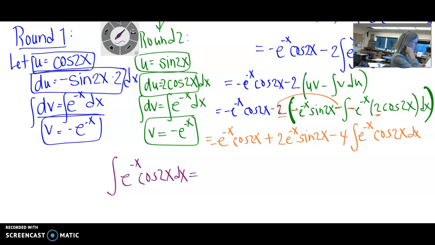It's equal to negative e to the -x cosine of 2x. I want to make sure I didn't make any mistakes here. Plus 2 e to the -x sine of 2x.